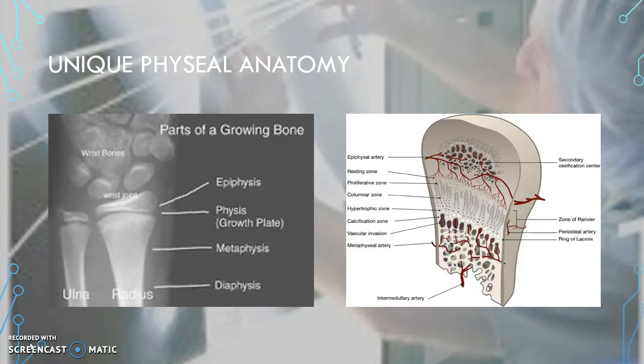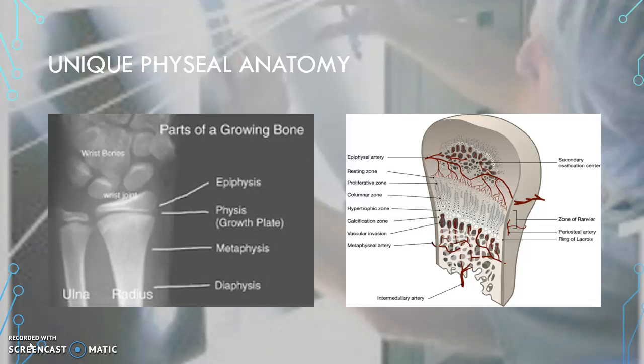The physis is basically a growth plate. It has unique anatomy and histology. The epiphyseal vessels enter the epiphyseal area as secondary ossification centers, then end up supplying the resting zone, and there is a proliferative zone, then a columnar zone, and a hypertrophic zone.